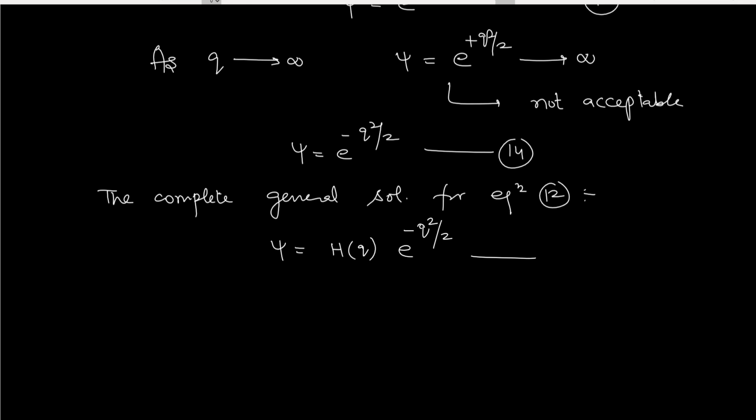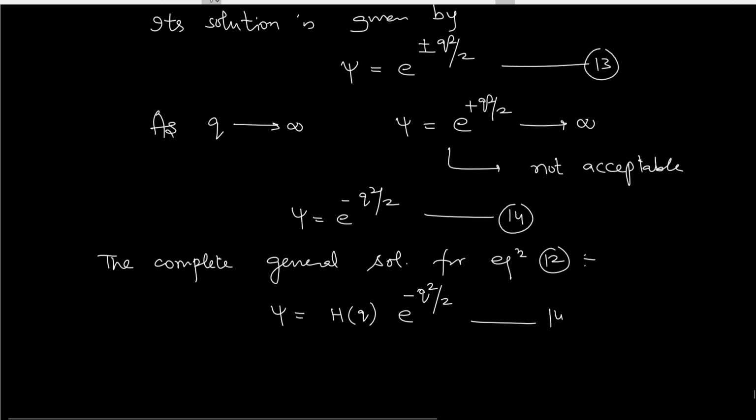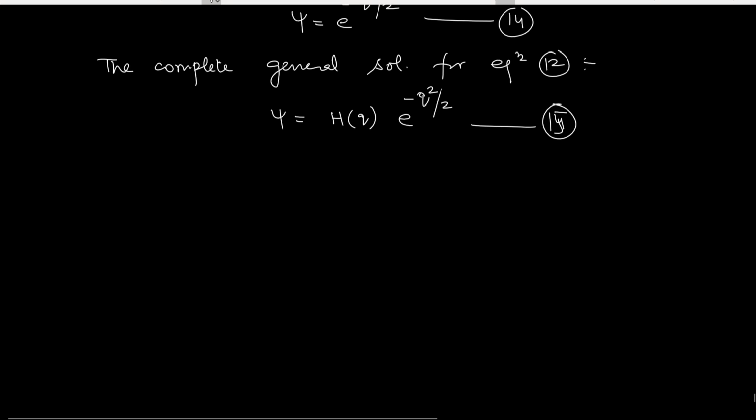We mark this as equation number 15, where H(q) is a Hermite polynomial.